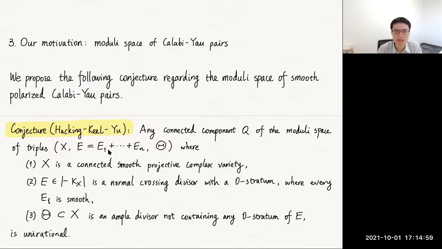So we consider such triples. They are called polarized Calabi-Yau pairs because (X, E) is a Calabi-Yau pair, since E is anticanonical, and theta is a polarization. We are interested in the moduli space of such pairs.